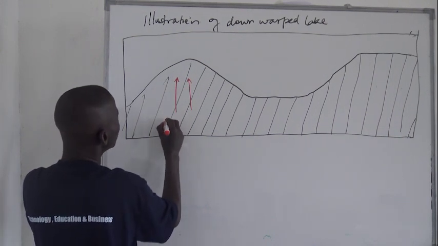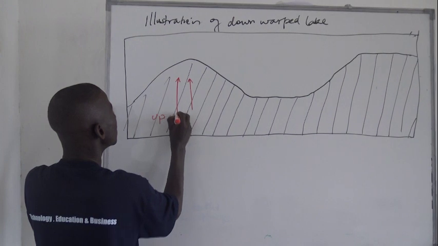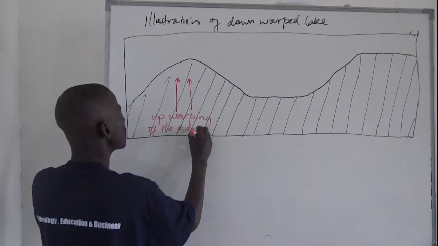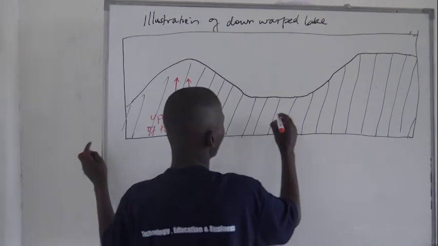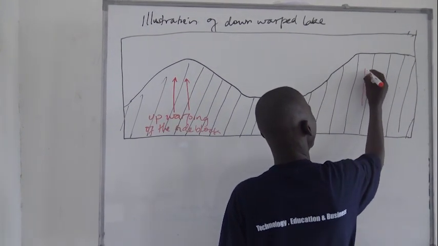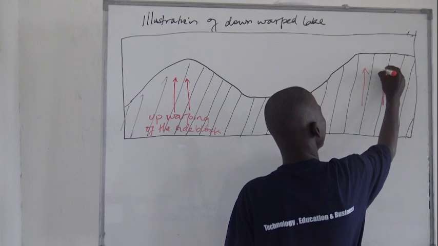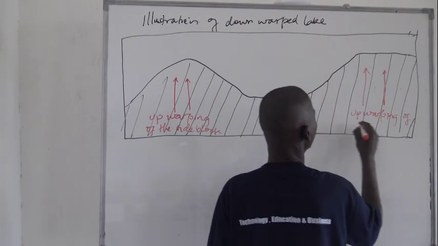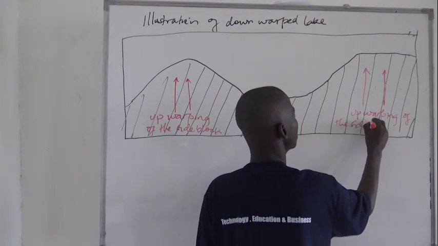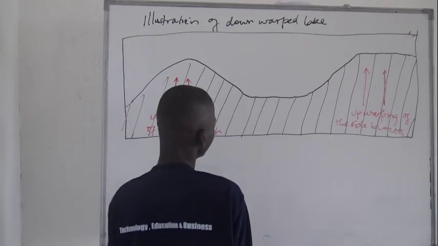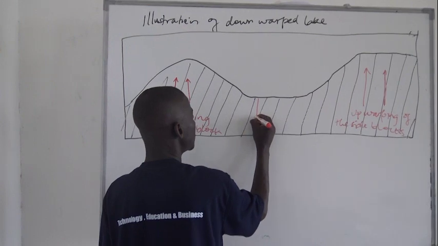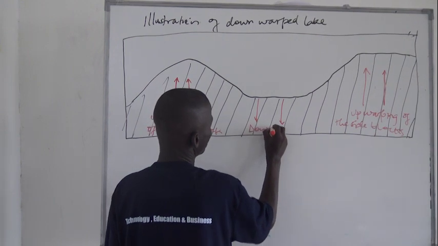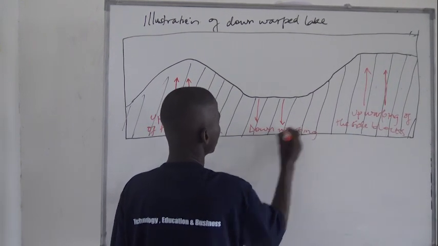This was the side blocks, upwarping of the side blocks. This one is now downwarping of the central block.